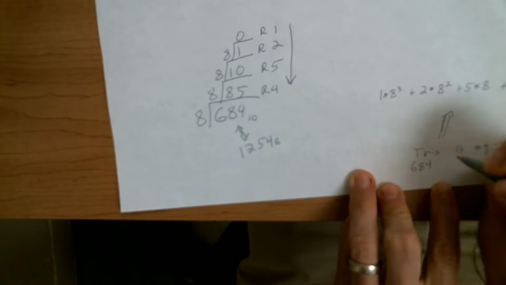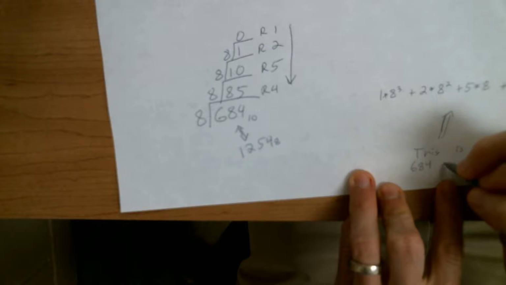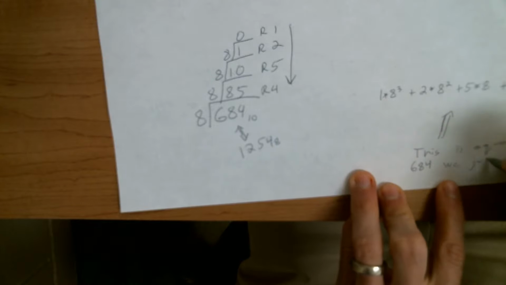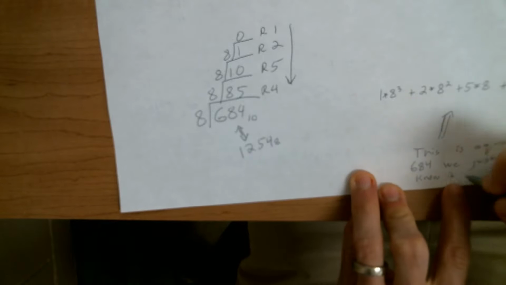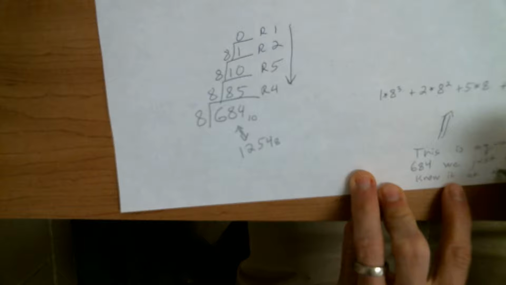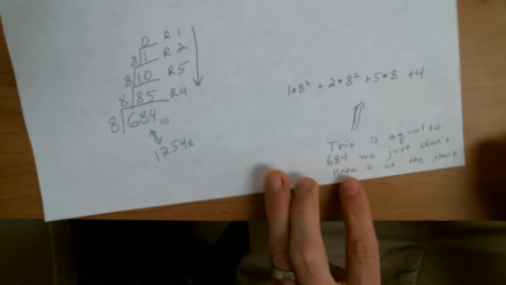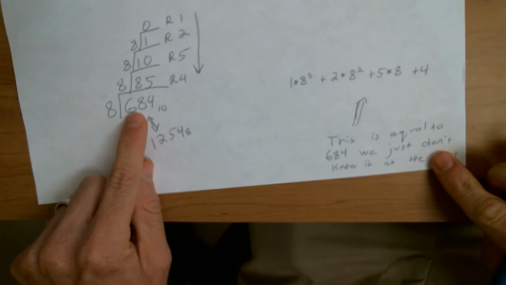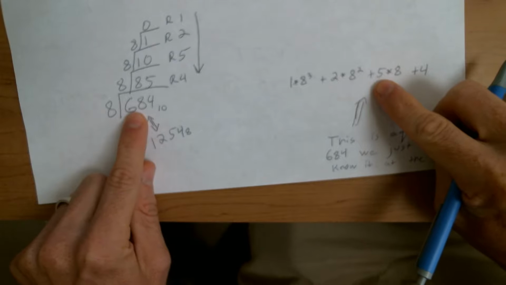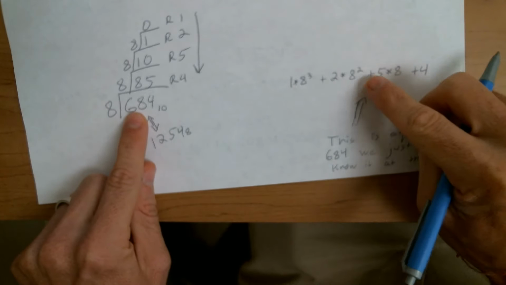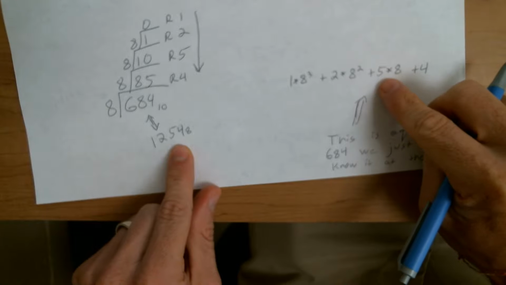We just showed that using our algorithm. We just don't know it at the start. So when we start this process, 684 could be this. We don't realize that that's what this is, but it is. That's kind of what we just went through.